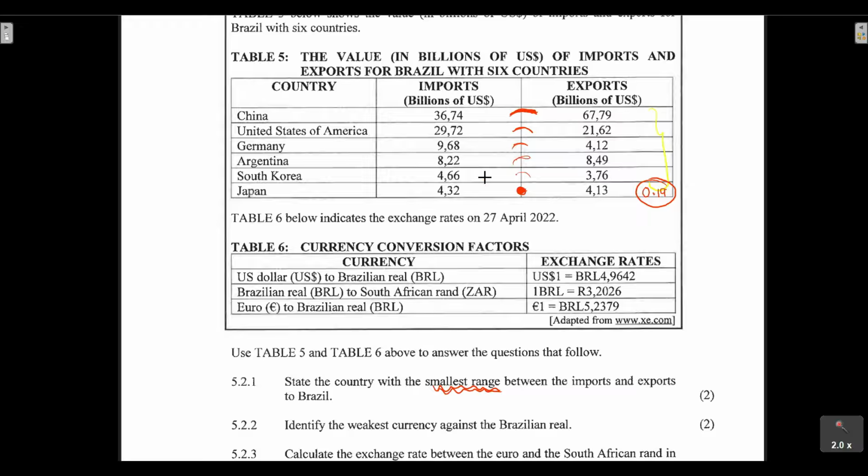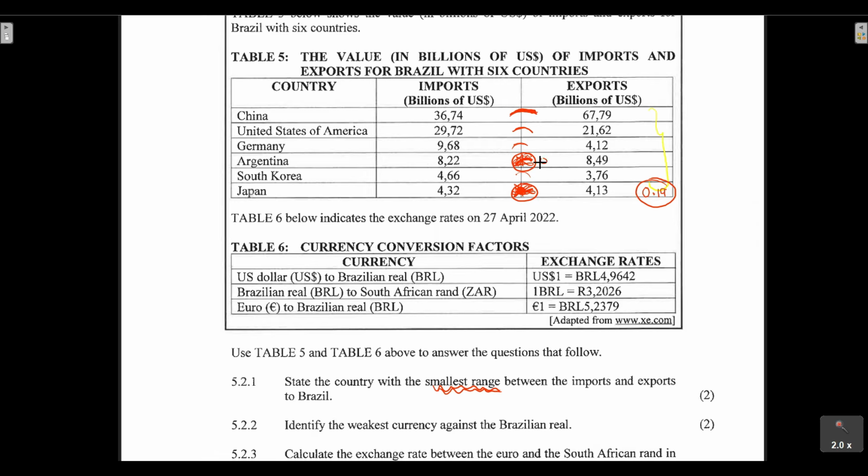This one is like 0.27. So you'd really be comparing between this value and that value. If you can't pinpoint it, you'd see that probably between Argentina and Japan I'll get the smallest range between the imports and exports. Then you can just use your calculator. What is 8.49 minus 8.22? You'll get 0.27.